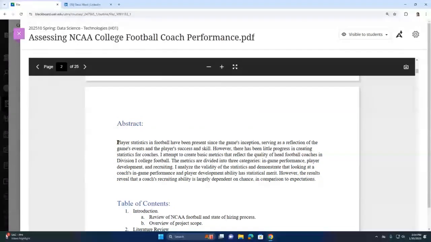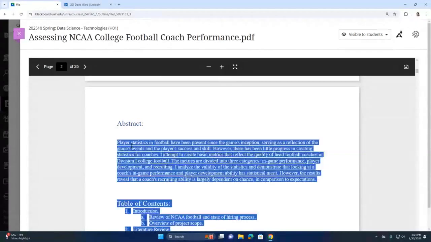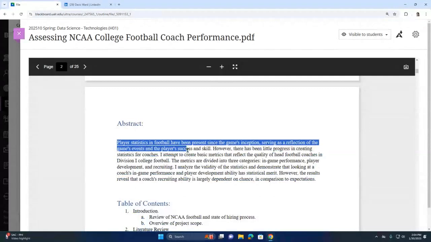And so notice in his abstract, in a few sentences, he summarizes the problem. Even though there's been a lot of statistics in football around the players, there's very little out there about statistics for what makes a good coach.